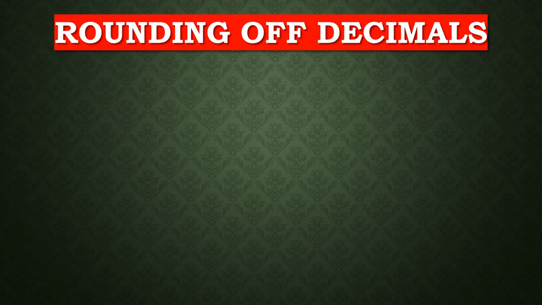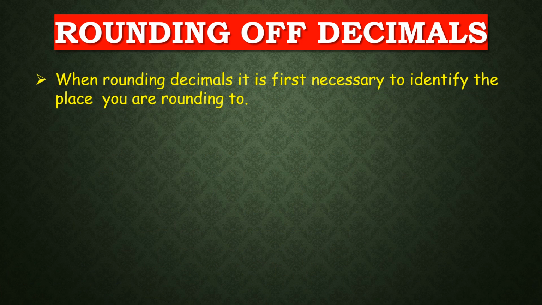So, when you have to round off decimals, the first thing is that it is necessary to identify the place you are rounding to. Our first step will be to check to which place we have to round off. Most of the times it is already mentioned in the question.